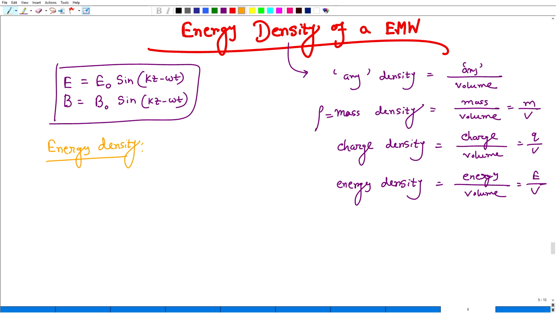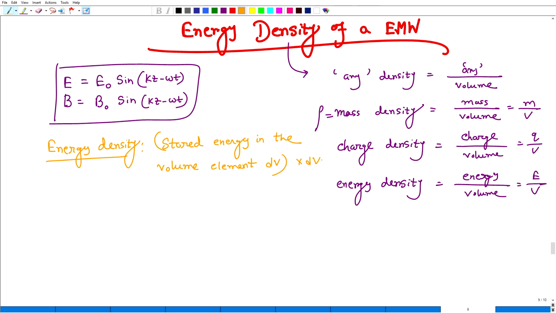So, we can define our energy density like this: stored energy in the volume element dV, into dV. Okay, so this is the stored energy, this is not the energy density.